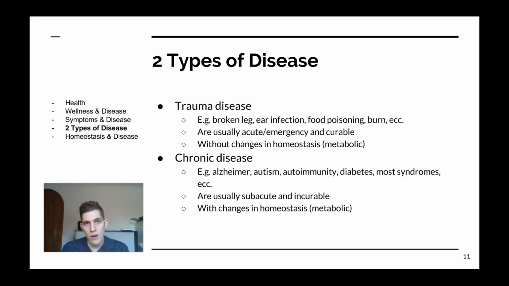It might require urgent medical attention and is usually curable. I have written without changes in homeostasis. What this means is that if we look at the body as an equilibrium of reactions, we observe a temporary imbalance, which is usually restored in time.